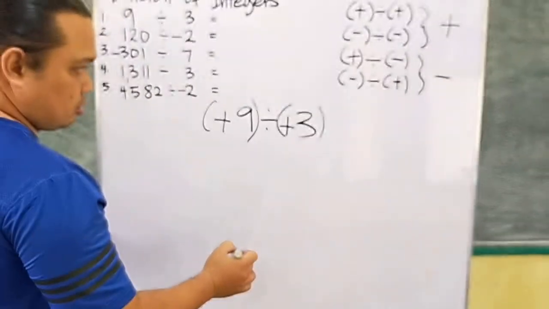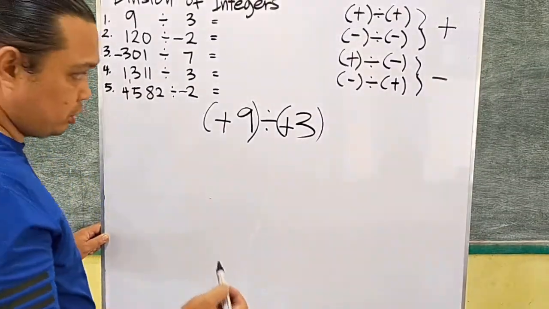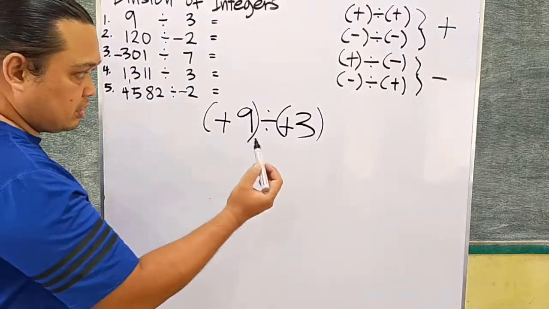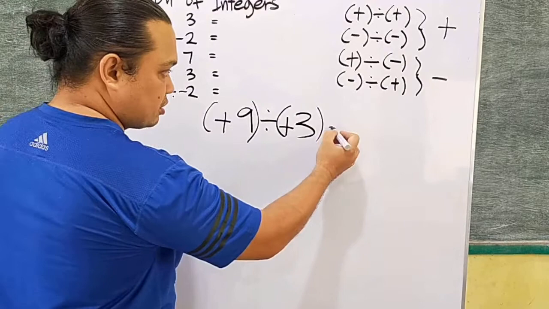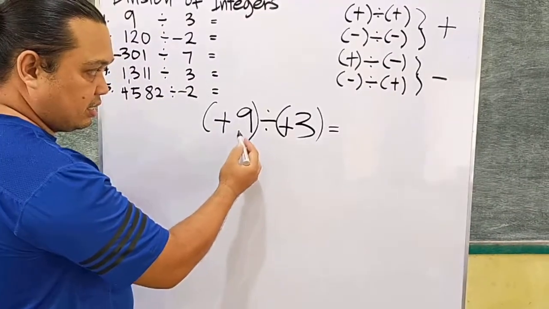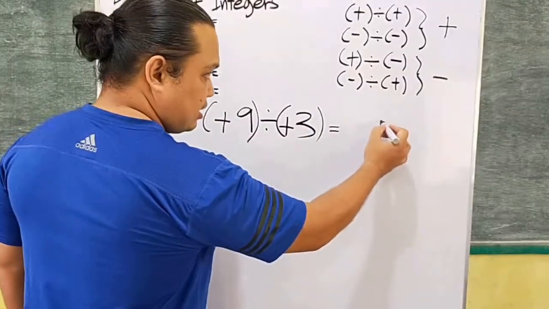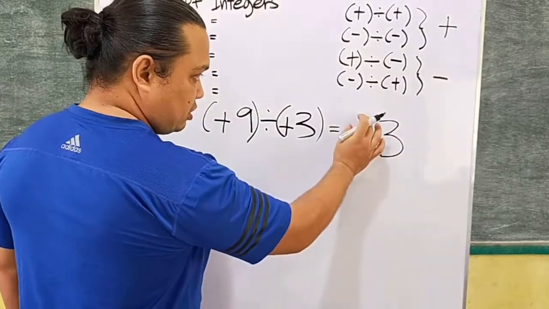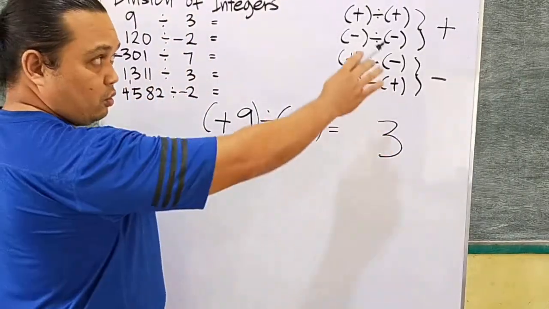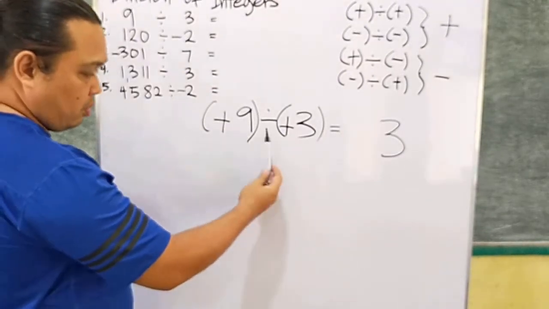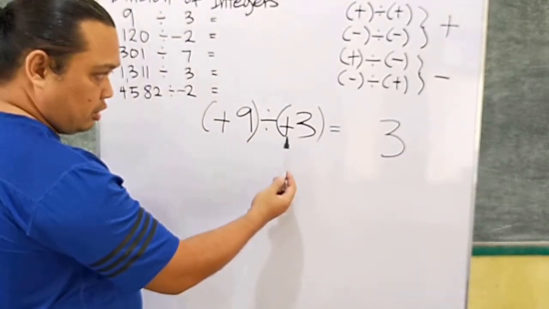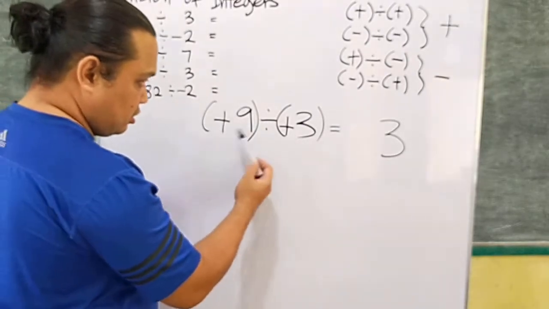Okay? So, in dividing these two integers, just divide the integers just like whole numbers. And 9 divided by 3 is 3. And in putting the sign here, just follow the rule. Okay? So, two like integers, in here we have two positive integers.